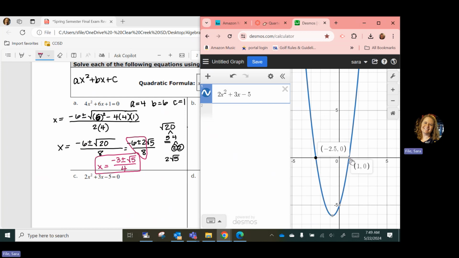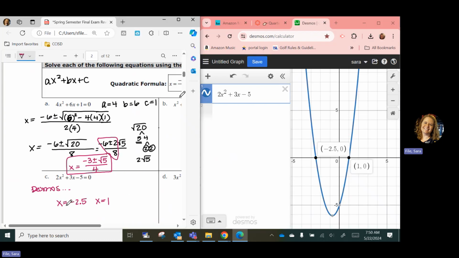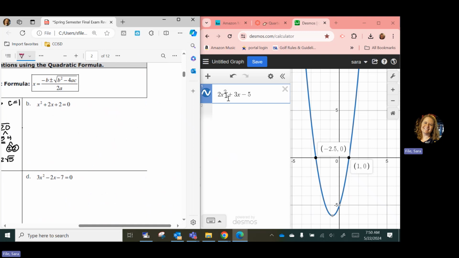So -2.5 and 1. So that one actually came out as rational numbers. Okay, and then I'm going to do the same thing. I will check B and D.